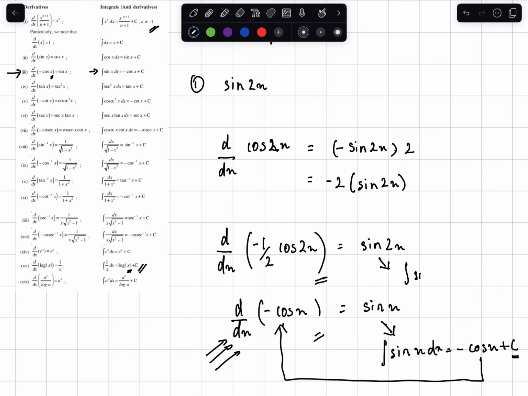So the integral of sine 2x dx must be equal to exactly minus half cos 2x. So now you see how we've found the antiderivative or the integral of sine 2x using the inspection method. So this is how you do it using the inspection method.